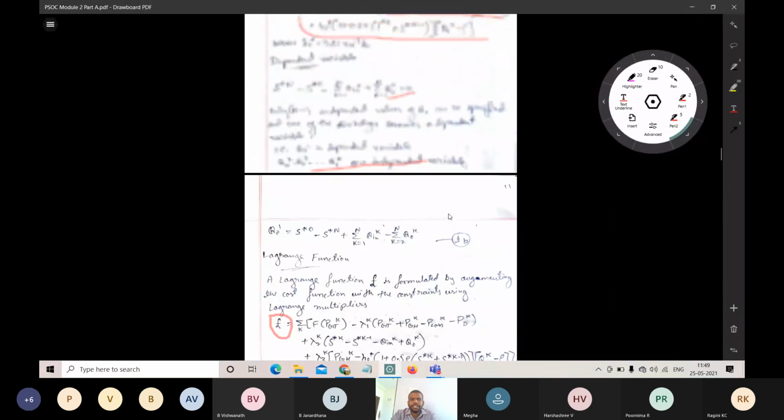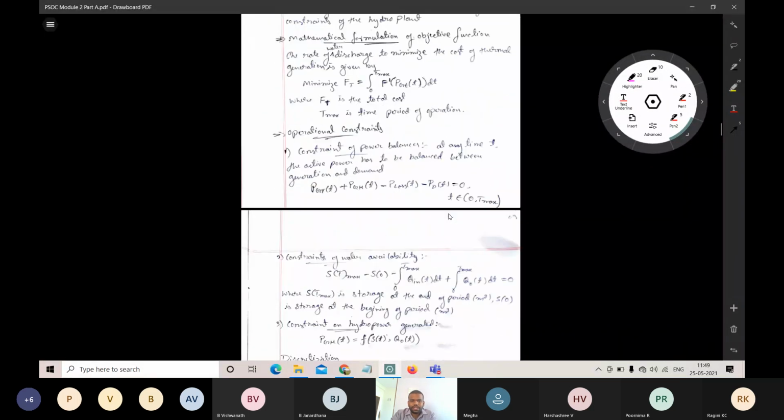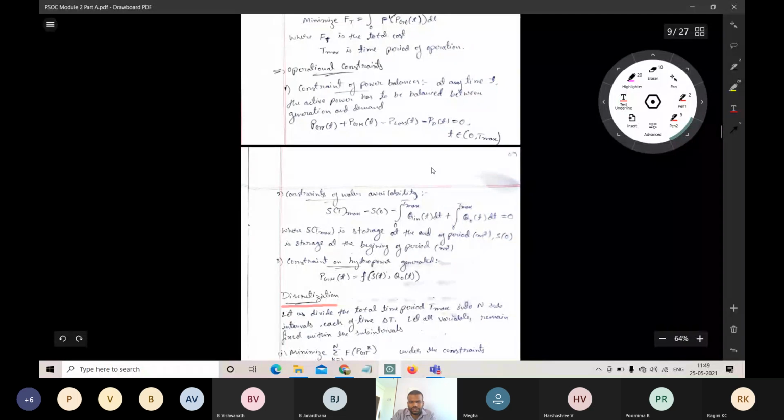The first one is the discrete time interval method. In the discrete time interval method, we derived the constants. I am just recapping the things that we discussed in our previous sessions. So this completes your hydrothermal constants chapter. The next thing is we have to solve the numericals.